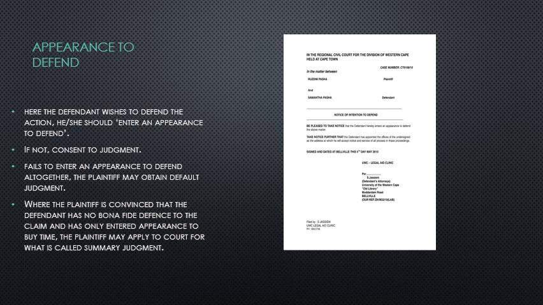If the defendant fails to enter an appearance to defend, the plaintiff may obtain a default judgment, obviously in his favor. And where the plaintiff is convinced that the defendant has no bona fide defense to the claim and only entered the appearance to defend to buy time, then the plaintiff can apply for a summary judgment, right?